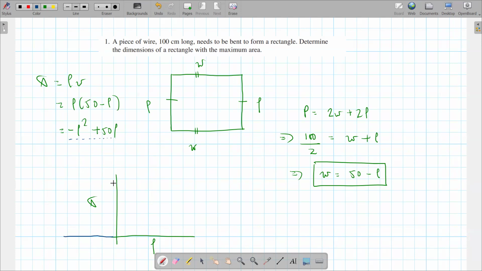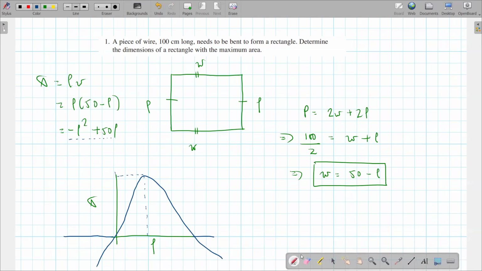We're trying to find what length gives us the maximum area. If we can find the 2 x-intercepts, we can find the midpoint, and that'll give us the L value, which will give us the maximum area. That's one way of doing this. You don't even have to know calculus to do this, honestly.